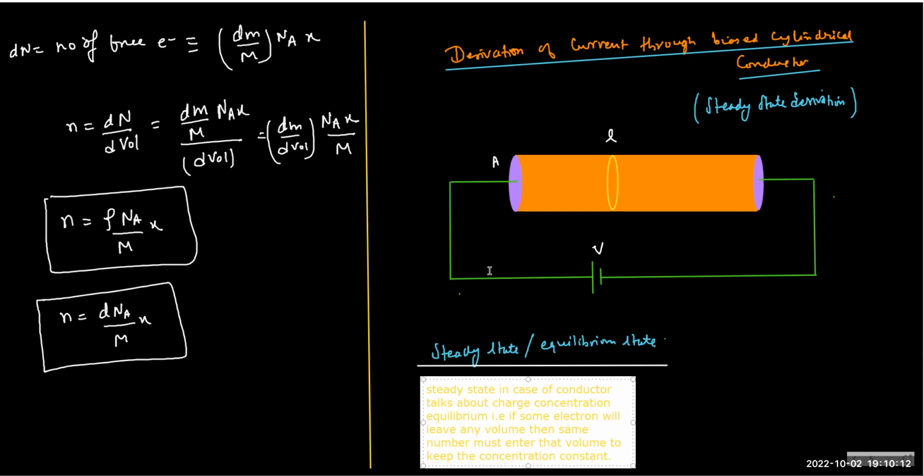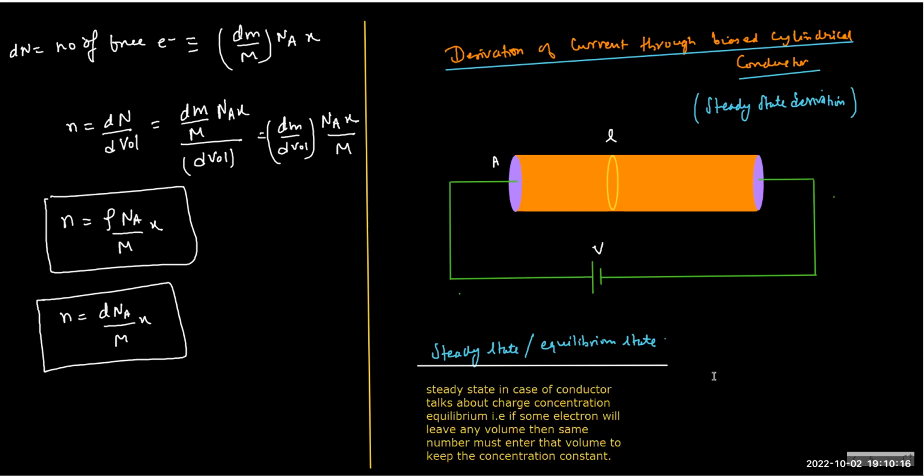Yeah, I hope it's clear. So are you getting the idea of steady state? I want to make sure that the number of electrons in every volume is same.